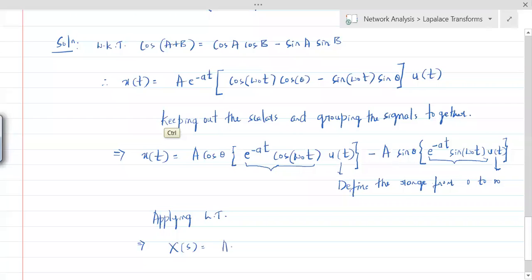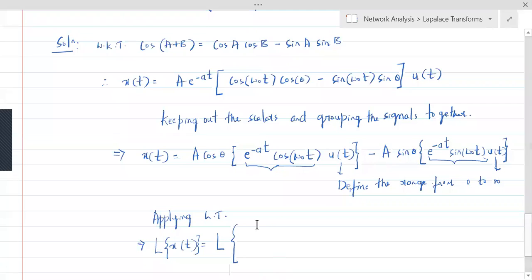Okay, then a cos theta is kept out. Then what we can do, we apply Laplace transform. So let's write it once again, otherwise you'll be skipping a step, you may get confused. Let's apply the Laplace transform like this. Laplace transform we are applying on x of t, and we also are applying Laplace transform on this.